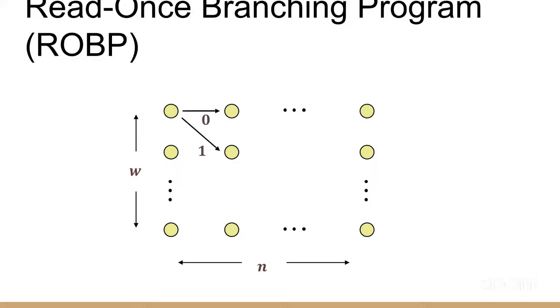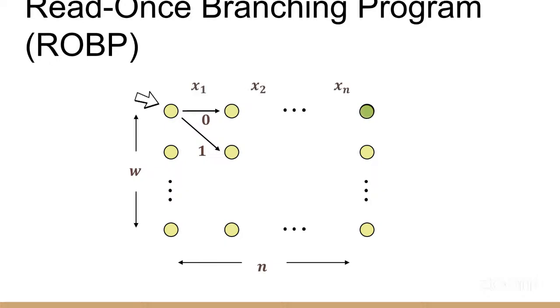For every node in this graph, there are two edges going to the next layer labeled by 0 and 1. So there's a 0 going here, a 1 going here, and so on. You represent a computation by starting from a start vertex in the first layer.